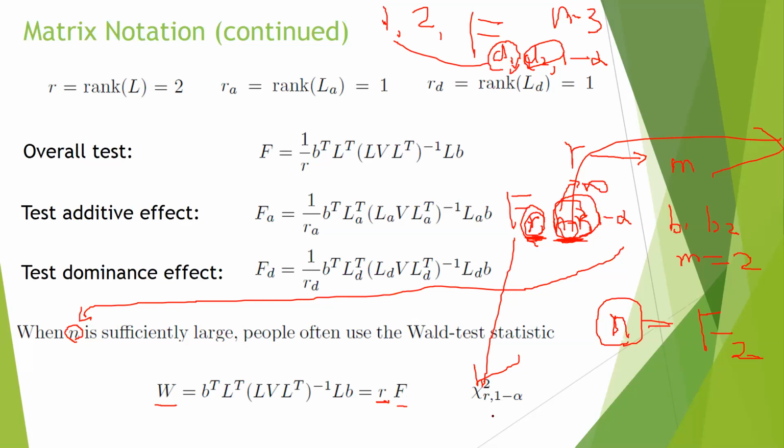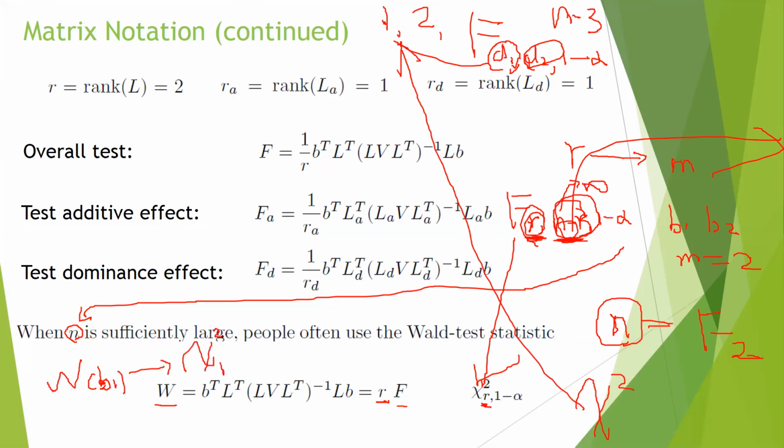No. You mean here? Yeah. No, the degrees of freedom of a chi-square test are associated with the number of parameters you want to test. If you want to test B1 only, which is the additive effect, then the chi-square test degree of freedom equals 1.